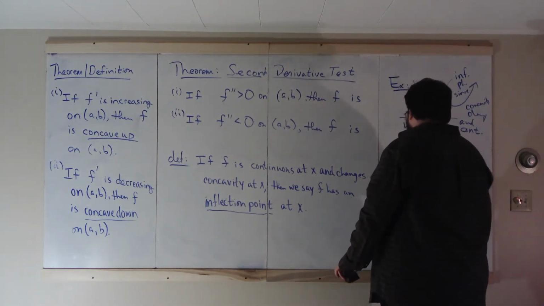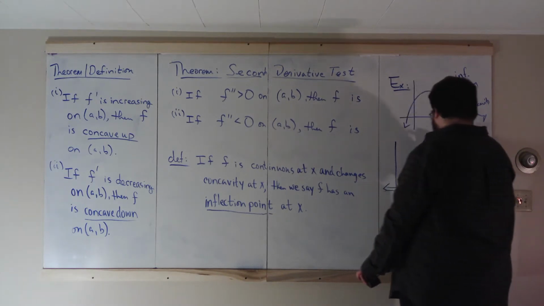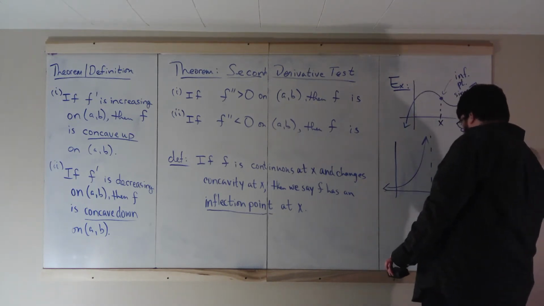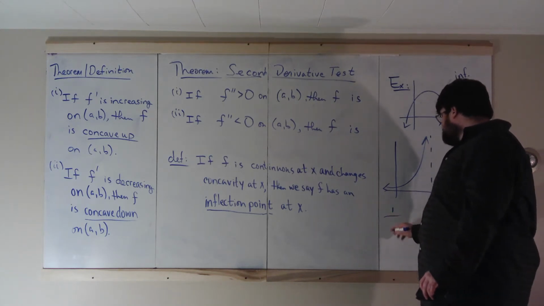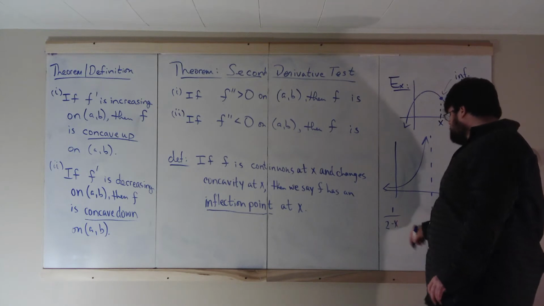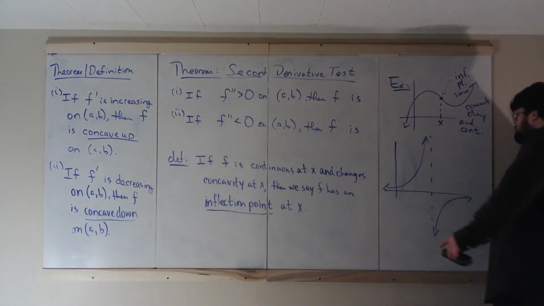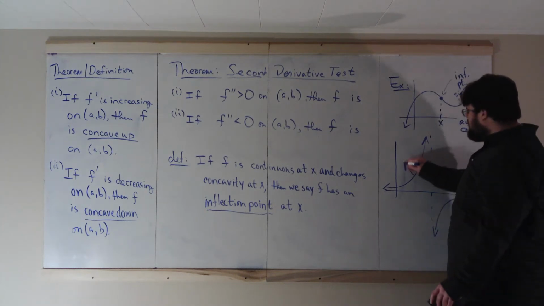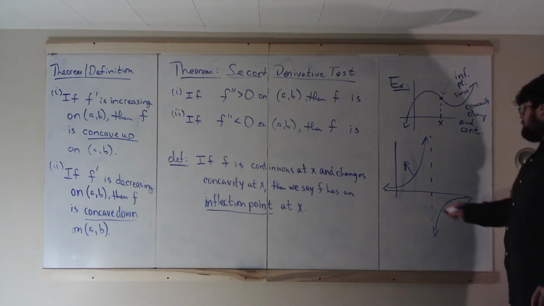What if we had one like this? So you could take something like 1 over 3 minus x, or 1 over 2 minus x, at 2. Well, right here, I will tell you this is concave up because that's pointing upwards. This is concave down since that's pointing downwards.